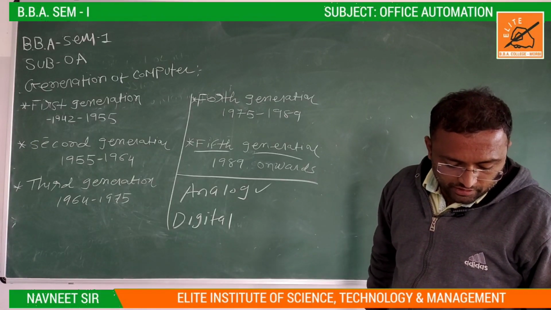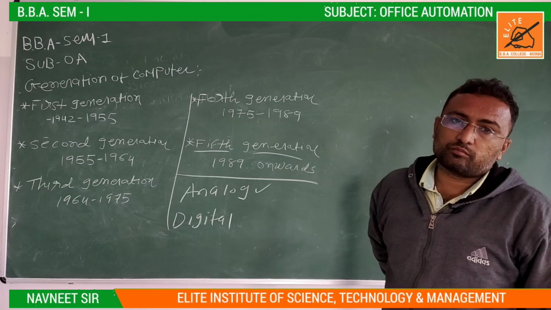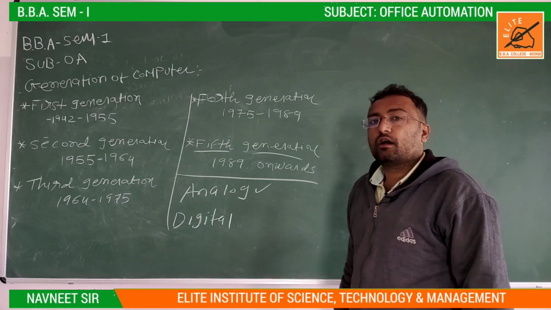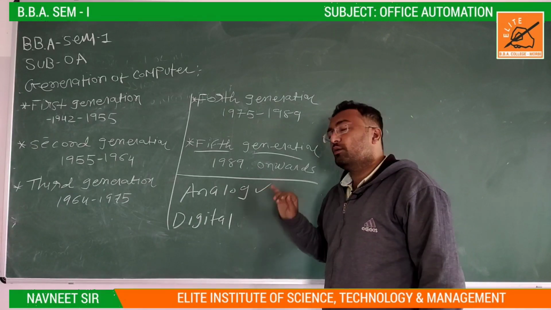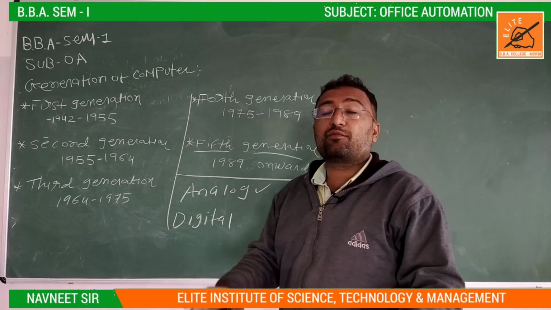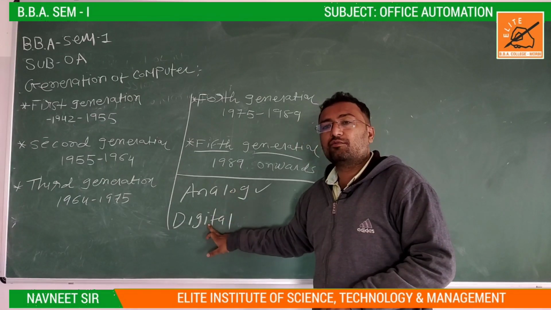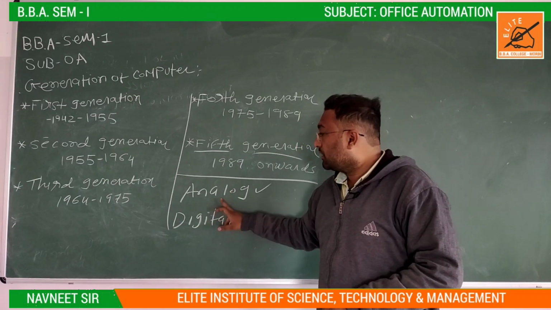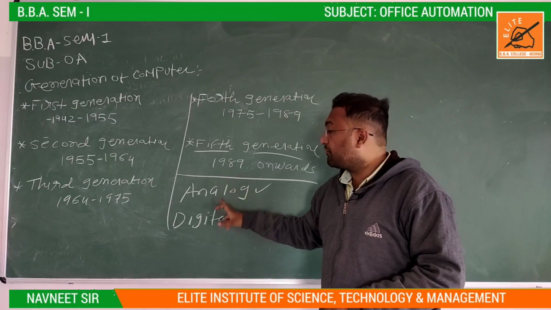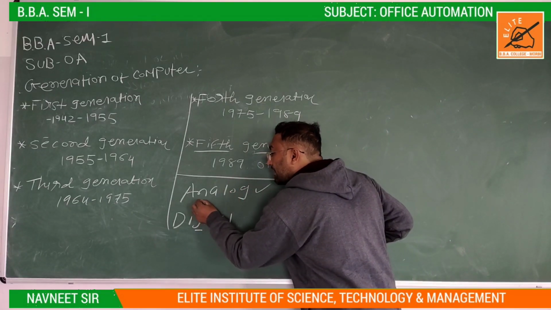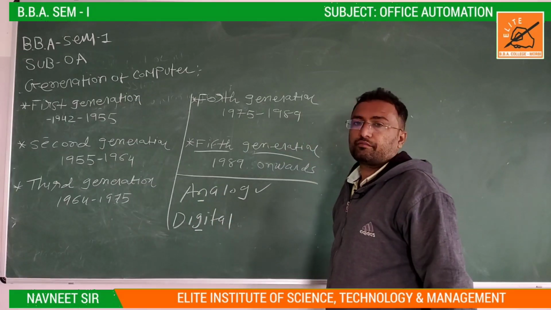Analog is a Greek word denoting similar. It is used to process analog data. Analog computer was the base for digital computer. Analog computer came before the digital computer, and it is a base for the digital computer.